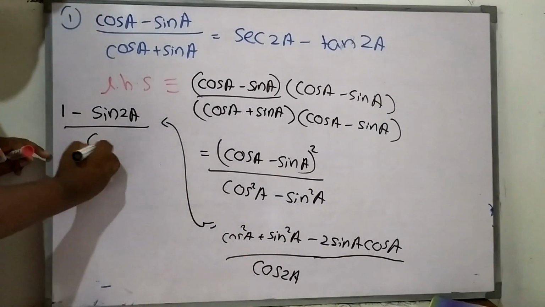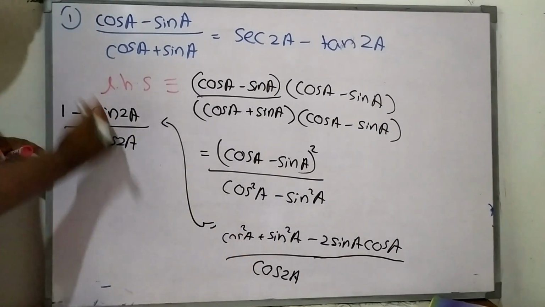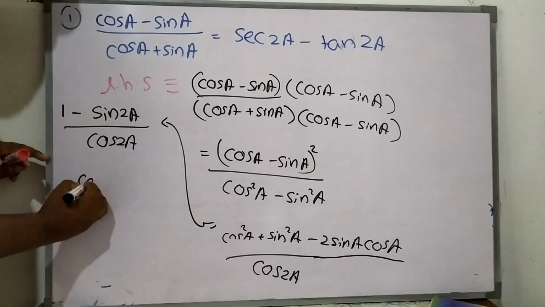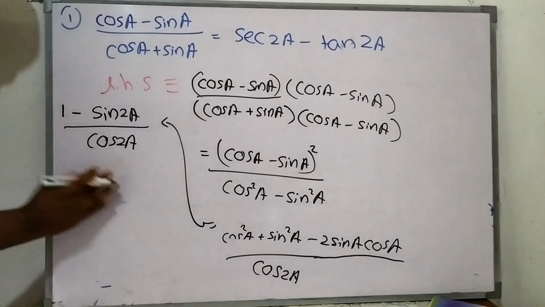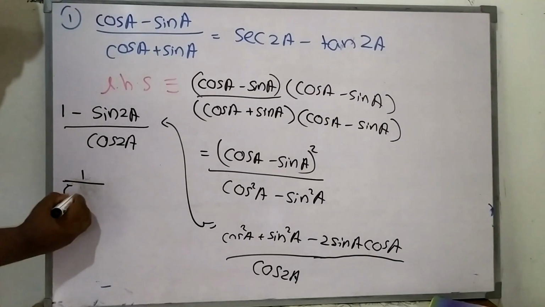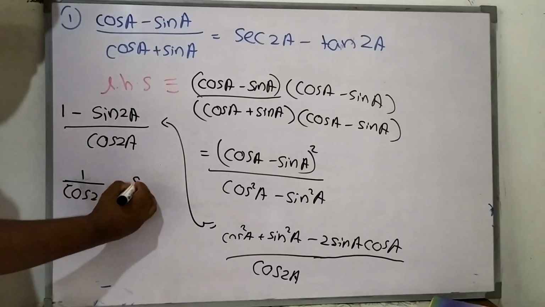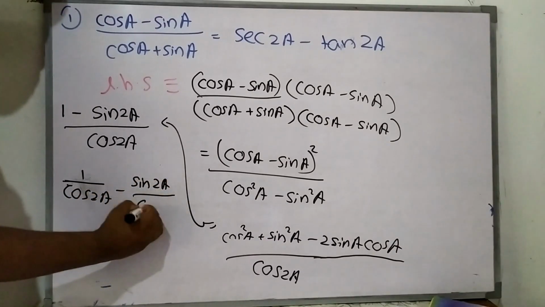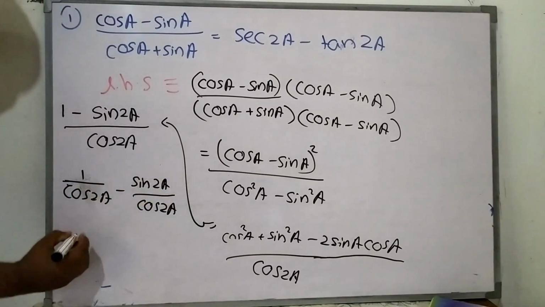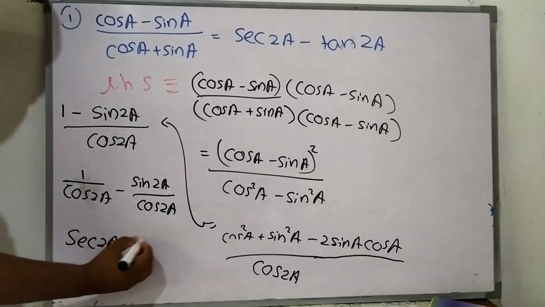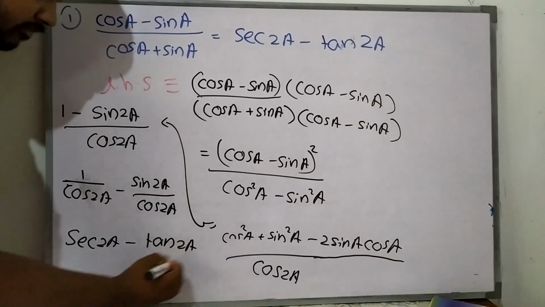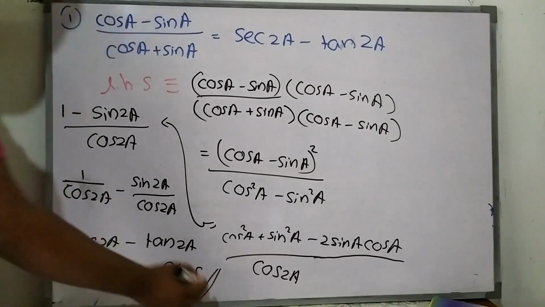What is this? This is cos 2A. And we can divide it individually then: 1 over cos 2A, sine 2A over cos 2A. This is sec 2A. This is tan 2A. Right hand side.